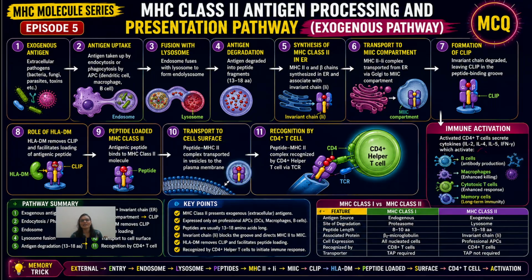In the Golgi body, the phagolysosome breaks down the peptide, and in the MHC class II compartment the CLIP, the degraded invariant chain, is released, and instead the peptide binds with the help of HLA-DM. Later on, this vesicle moves toward the cell surface. It is recognized by the T helper cell. So this is the exogenous pathway.